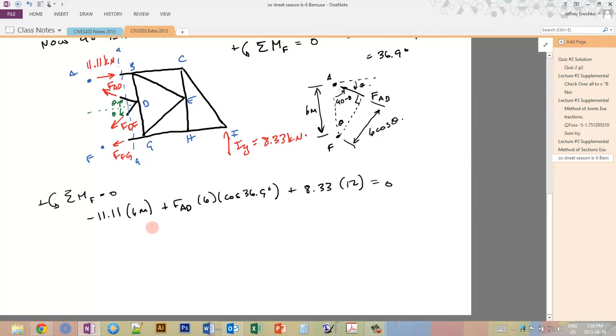Okay, if we solve for FAD, we get FAD is equal to negative 6.94 kilonewtons, which means 6.94 kilonewtons in compression, because we assumed that it was in tension to start.